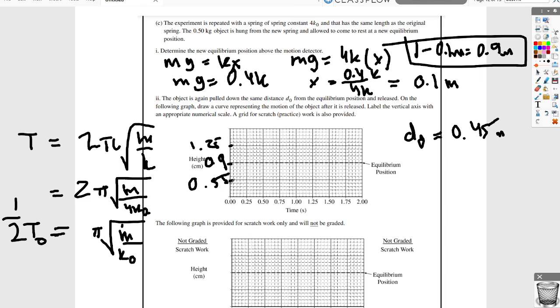Which means my graph will be really bad. Maybe I should practice, but I'm not going to practice. So the graph will look something like that. So one period of the graph will look something like this. I can't even hit the... there you go, something like that.